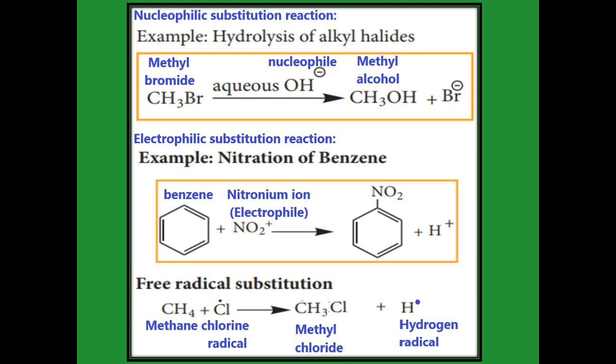That OH has a negative character, and it is called a nucleophile. Instead of bromine we substitute a nucleophile, so it is called nucleophilic substitution. As you see in the example, in methyl bromide, instead of bromine OH is substituted, so we get CH3OH, which is called methyl alcohol, and the Br is eliminated.